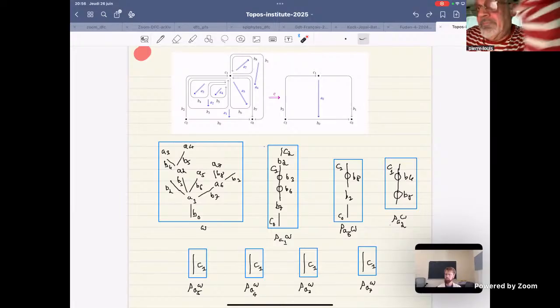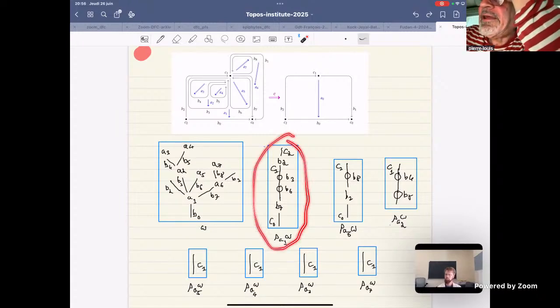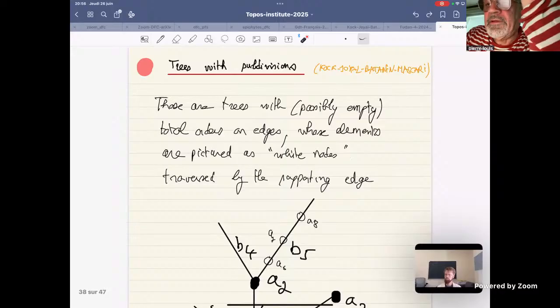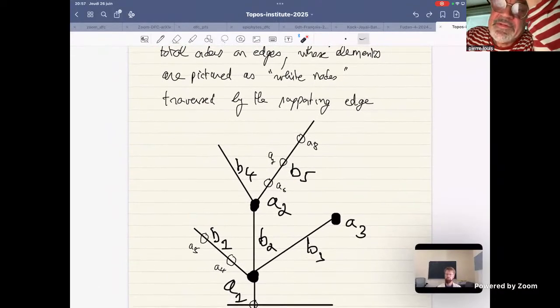So, roughly speaking, in the world of general Opetopes, we are going to manipulate not only trees in the sense we had before, but also trees with subdivisions. It's a word they use in the work of Kock, etc., which are trees like this with black and white nodes. And here's a technical definition.